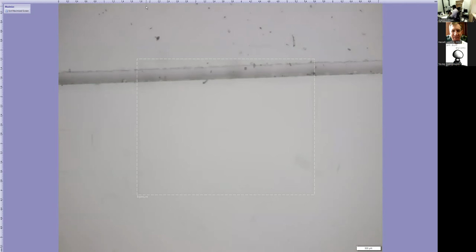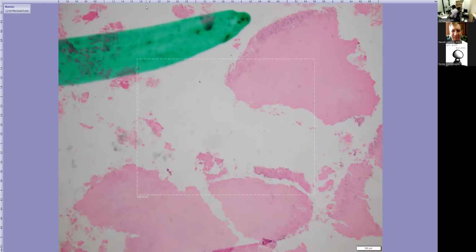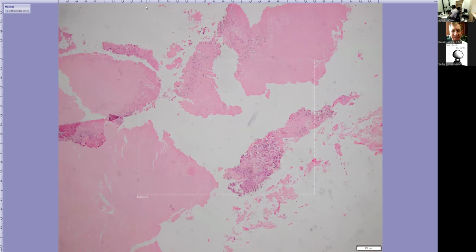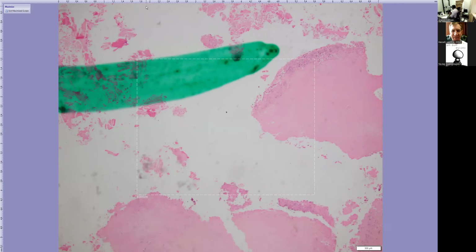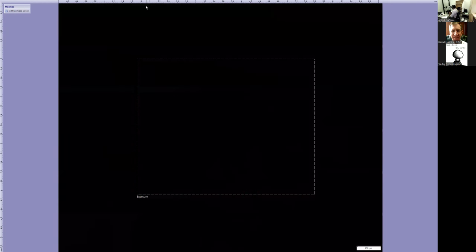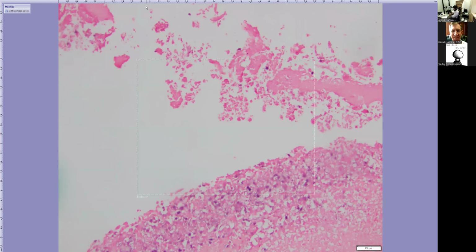And then I did an in situ hybridization for EBV, which we pretty much do in all large B-cell lymphomas. And as you can see, you can see EBV positivity in these tumor cells.